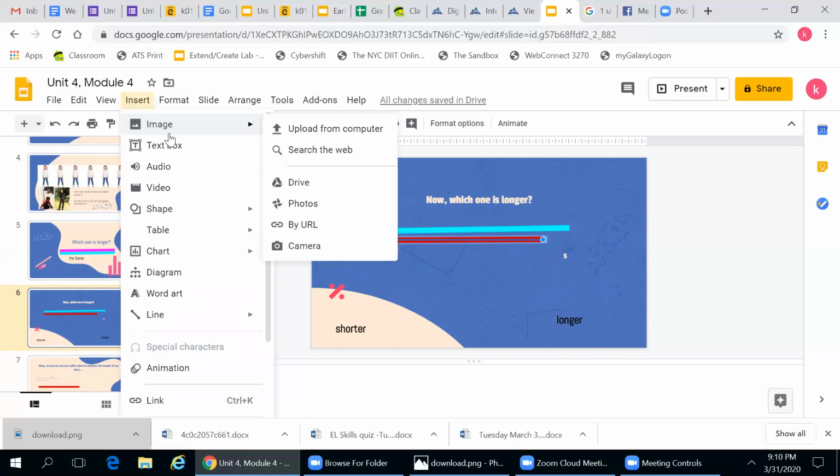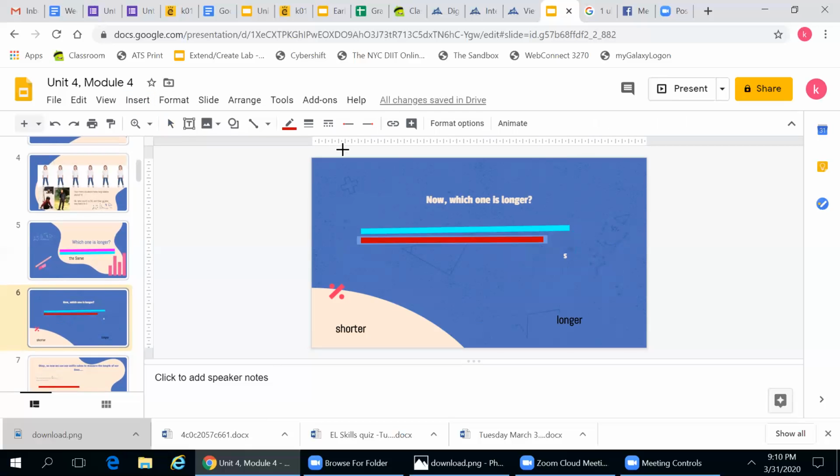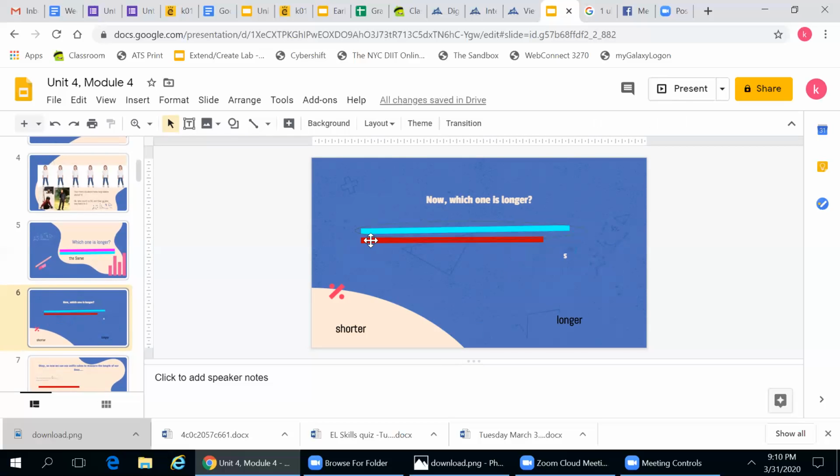Wait, so I'm going to circle which one is longer, okay? We just figured out that the blue line is longer. Wow. And the red line is shorter.